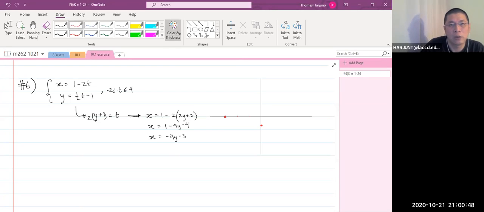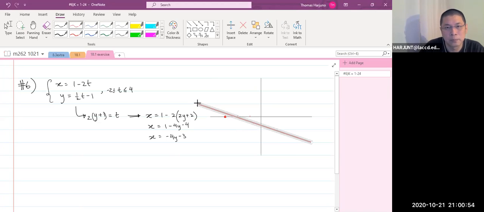So I know that's linear, so that's why I graph it that way. I just get 2 coordinates, find the x and the y intercept. Now the thing is, I draw the line here, while you see from the domain of t that t is actually limited from -2 to 4.